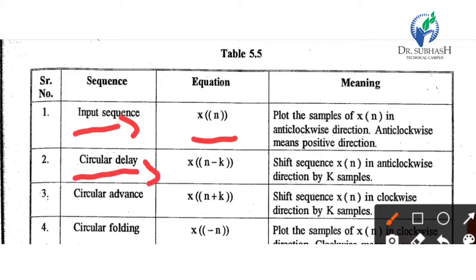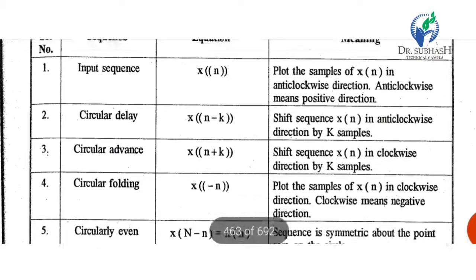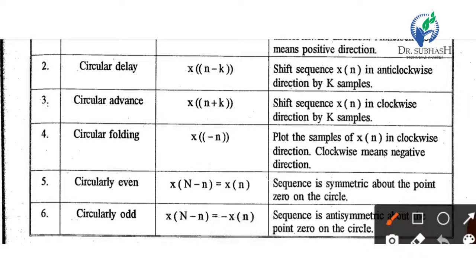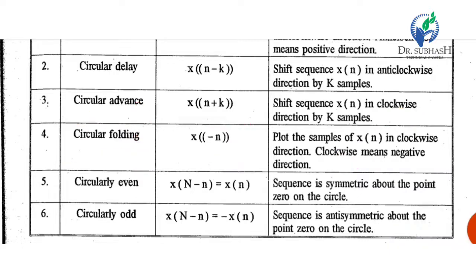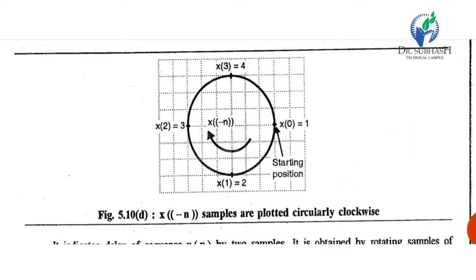Circular delay x of n minus k shifts the sequence x of n in the anti-clockwise direction by k samples. Circular advance x of n plus k shifts the sequence x of n in the clockwise direction by k samples. For circular folding x of minus n, plot the samples of x of n in the clockwise direction. Clockwise means the negative direction.